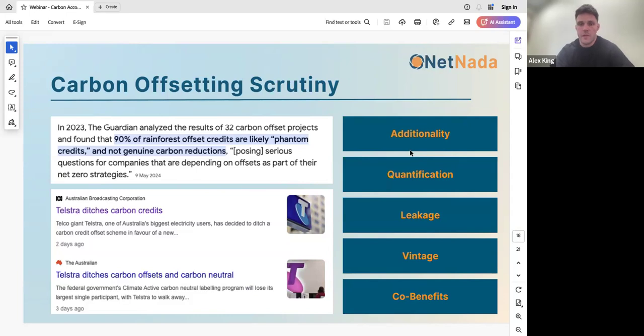There's a big reputational risk if you're purchasing a lot of carbon credits and saying you're carbon neutral when really they're not genuine and they're not having any impact on the environment. Some organizations are also ditching carbon credits, and instead using the money they would have invested into carbon credits to invest in more sustainable practices or procedures in their business, such as Telstra this year.